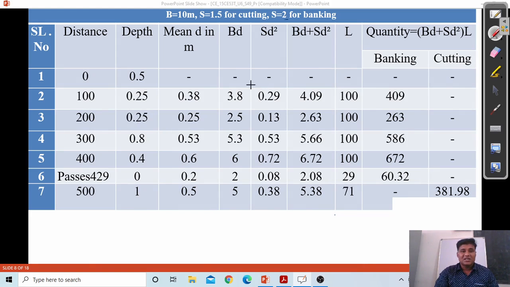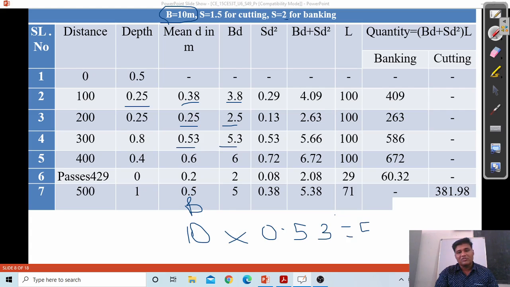Then this depth into breadth, what is B? The formation width of this road is already given as 10, so 10 into 0.38 will give me 3.8, 10 into 0.25 will give me 2.5, 10 into 0.53, where 10 is the formation width, that is B, into the mean depth 0.53 is equal to 5.3.